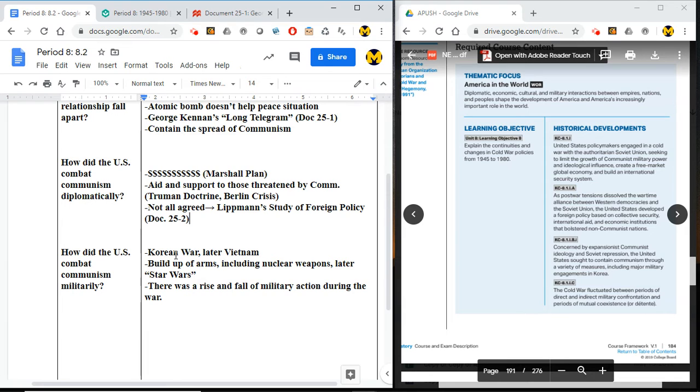We often say that the Cold War was a war that had no open fighting, and that's true in that the U.S. and the Soviet Union did not openly fire on each other, but they did hold what were called proxy wars, where the U.S. was fighting communism in other places, or the Soviets were trying to establish communism in other places. Okay, and so the first, starting in 1950, was what's often called the Forgotten War, the Korean War.